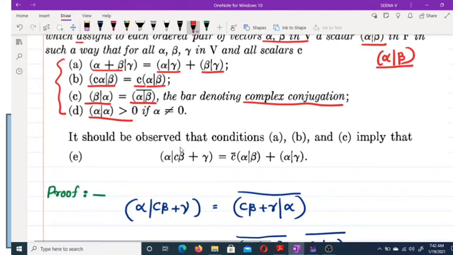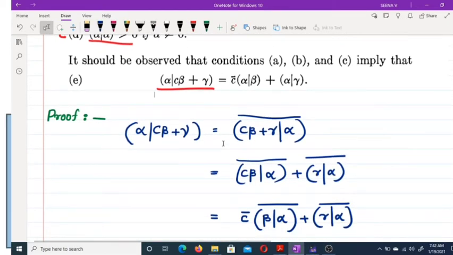Now, from conditions A, B, C, it follows that the inner product of alpha and C beta plus gamma is the same as C conjugate times inner product of alpha and beta plus inner product of alpha and gamma. We'll move to the proof.